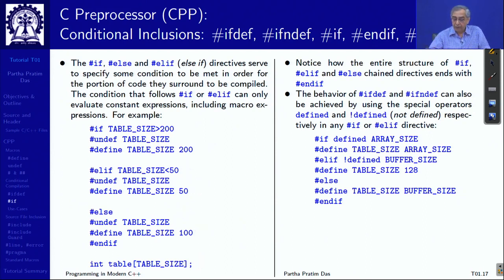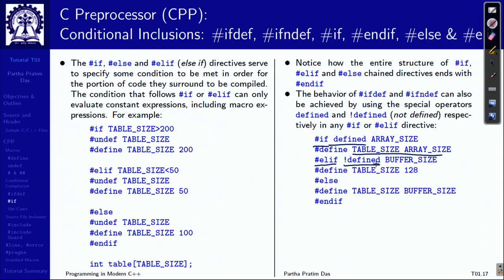There is another form of #ifdef also, which is used with the defined macro. So, I say #if defined array size, which will become true if array size is defined, and then you are saying that table size is array size. Similarly, else if not defined buffer size.